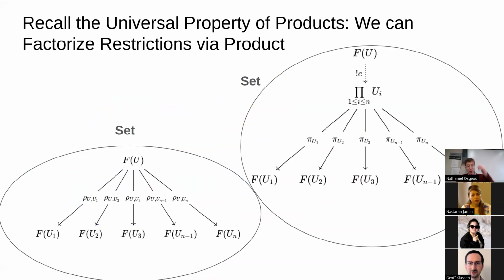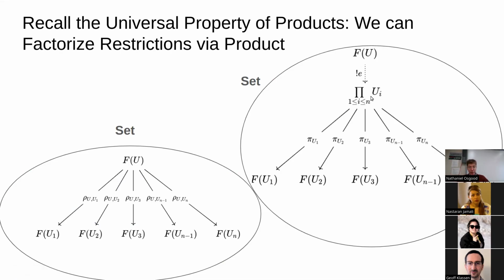Do you remember that? So I'm saying, if you have f of u like this, we can express it in terms of a product. Now, this may seem abstract nonsense, but it's not. Look, what does this morphism do? This is the product of all these things, and you project down from there. What is this morphism going to map to? The product is going to have something for f of ui in it.